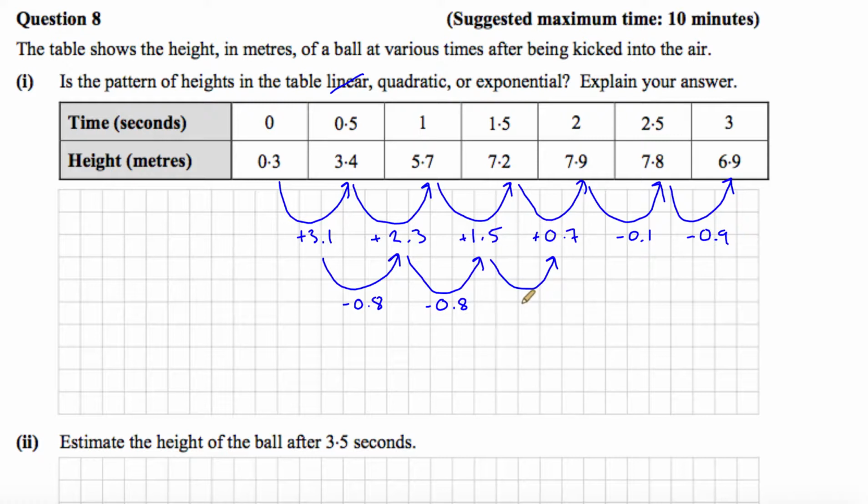0.7 minus 1.5 gives us minus 0.8. And what you find then is that actually the second difference is constant. Second difference is minus 0.8. So we know then that it's quadratic. So the answer is quadratic.